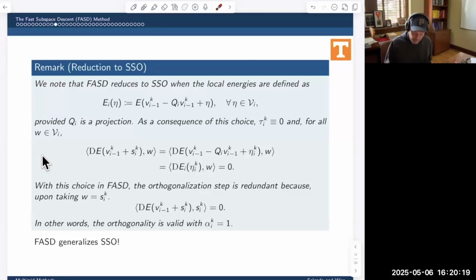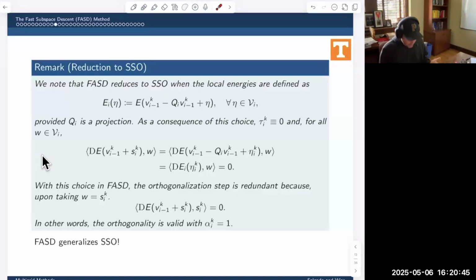Remember, there was no tau perturbation term in the SSO. And it turns out if I make this choice, then the tau perturbation computes exactly to zero, precisely zero. And then my orthogonalization step is redundant. I don't have to do the orthogonalization step because when I solve with a tau perturbation being equal to zero, I'm basically solving an orthogonalization step to begin with.